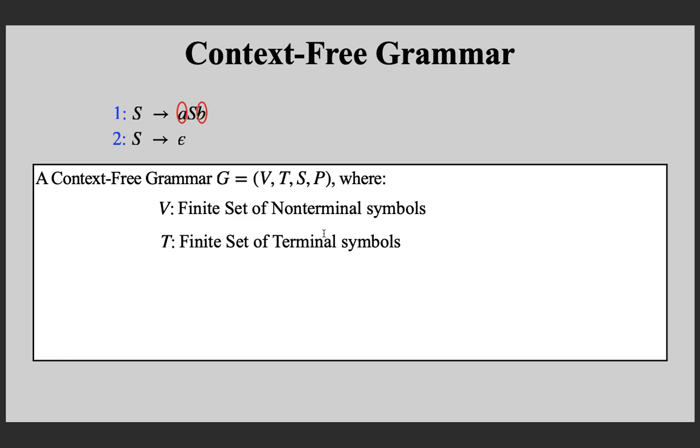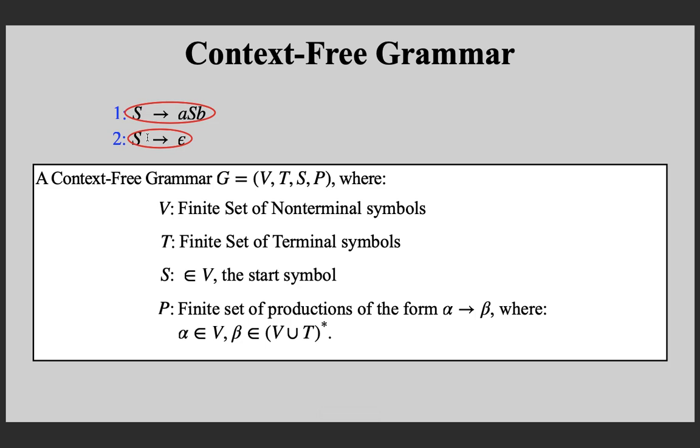Then as the third thing, you have one of the variables designated as the start symbol, which is an element of the variable set. In this case, only one variable, which is the start symbol. And whenever possible, we can use capital S as the start symbol. You are free to use any variable, but maybe S makes the grammar more readable.